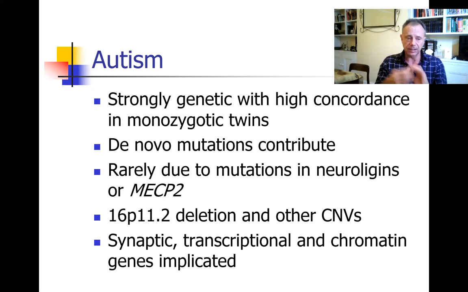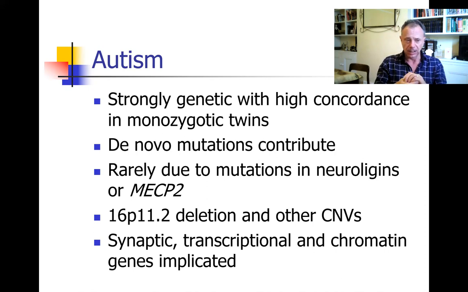I've mentioned up there on the slide mutations in the neuroligin genes, and you might recall that neuroligins interact with neurexins in the neural synapse, and the neuroligins are on the postsynaptic membrane. So again, it looks as if autism can be due to disruption of normal synaptic functioning in some sort of way. And the other thing to mention is there are some specific CNVs which increase the risk of autism.